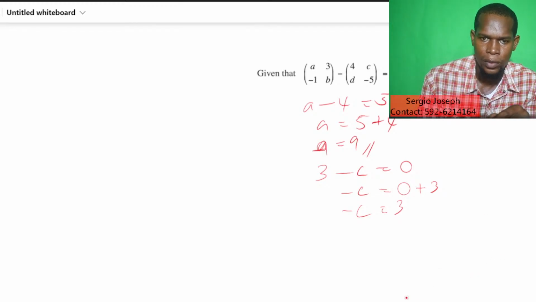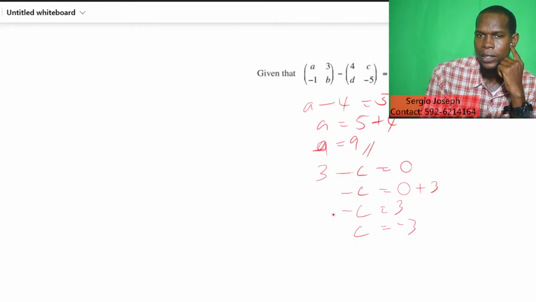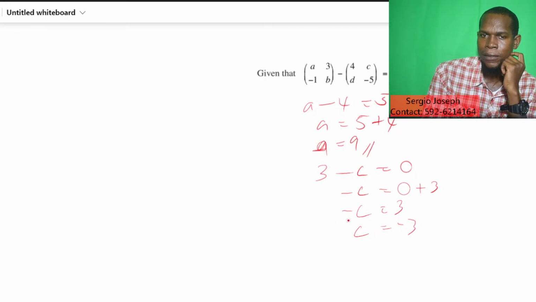So therefore C is equal to minus 3. Simply multiply both sides by negative to make it positive. So C is equal to minus 3. You may want to see why we skipped B. So we have B minus 5 equal to 5.